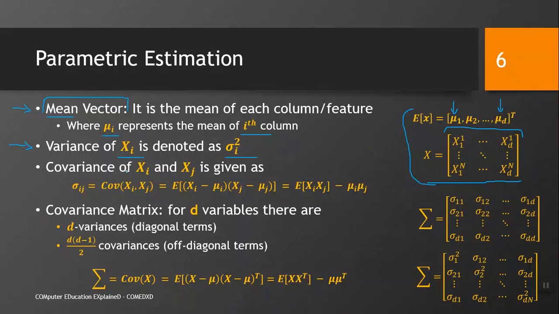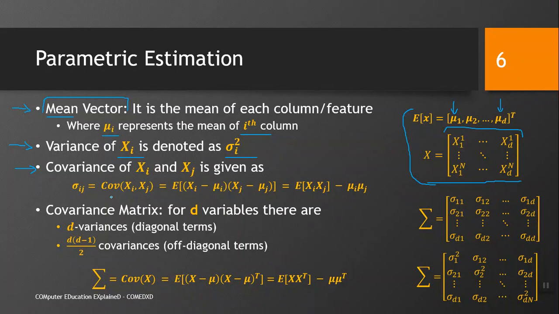Variance of xi is similarly denoted as sigma i, because we would be finding multiple variances just like multiple means. Covariance of xi and xj is given as follows. Let us say that we have the values x1, x2, x3, x4. To find the variance of x1 with x1, or x1 with x2, or x1 with x3 and so on, is known as covariance.